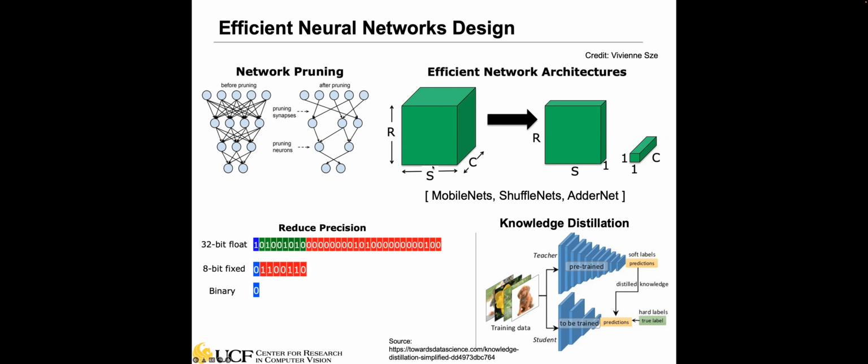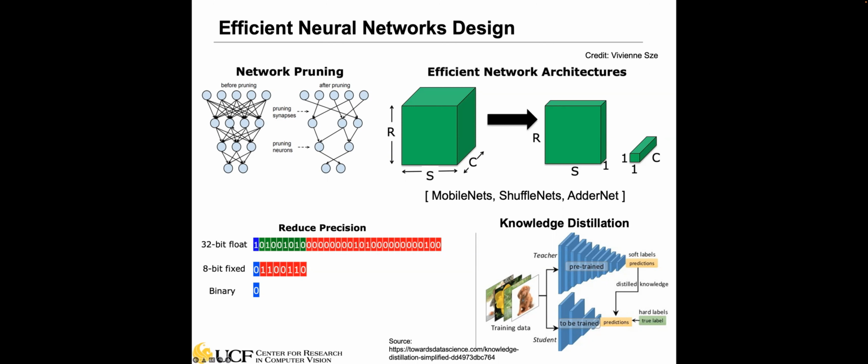For example, the MobileNets. They are specifically designed for mobile applications, right? They use depthwise separable convolution and pointwise convolution to achieve this computation and memory efficiency. So that's more on the architecture design, right? You want to come up with new operations that can have much better computation efficiency.